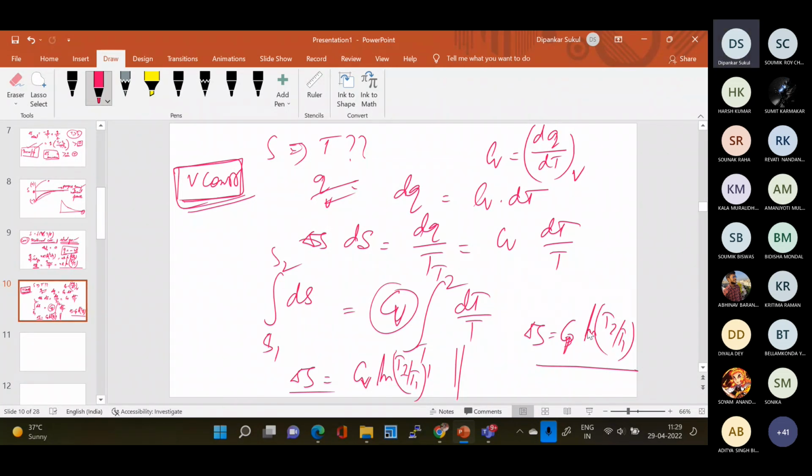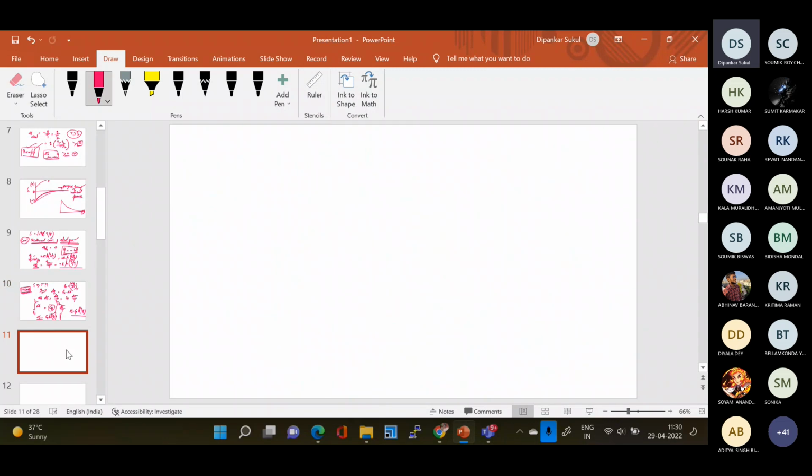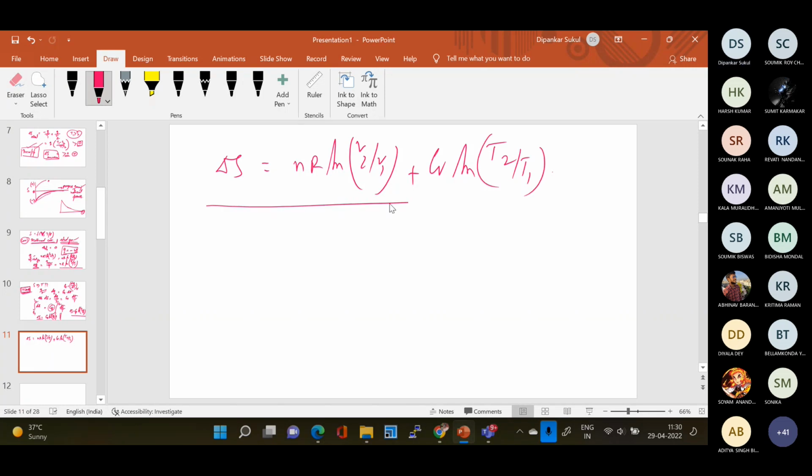Now, if both volume and temperature change, then you have to add those two. That is nR ln V2 by V1 plus Cv or Cp, whatever it may be, ln T2 by T1. You have to add those. So this is the expression of entropy. Sir, can you explain once more why to add the two?